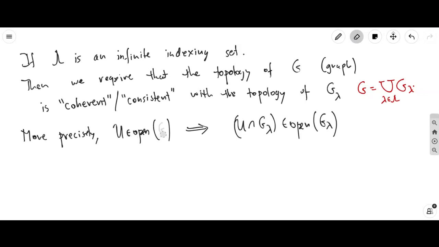This is open in the entire space, and G lambda is a subspace. If you take an open set and intersect it with a subspace, you get, by definition, an open subset of the subspace. So when we say it's coherent, we mean it's also true the other way around. This direction is always true. It's the other arrow that makes it what we call a coherent topology, that you can recover the topology on the entire space from the individual edges.